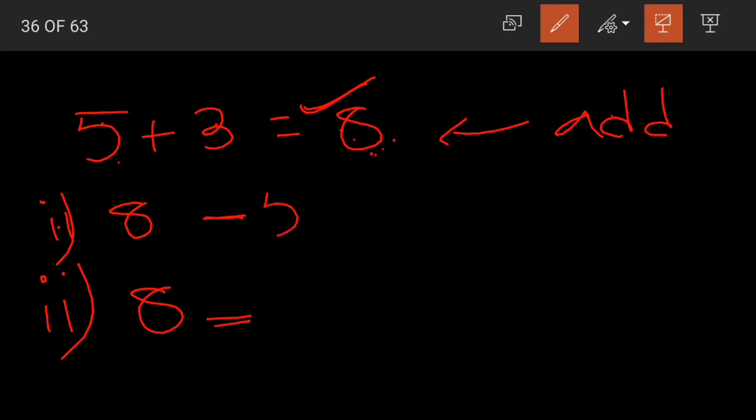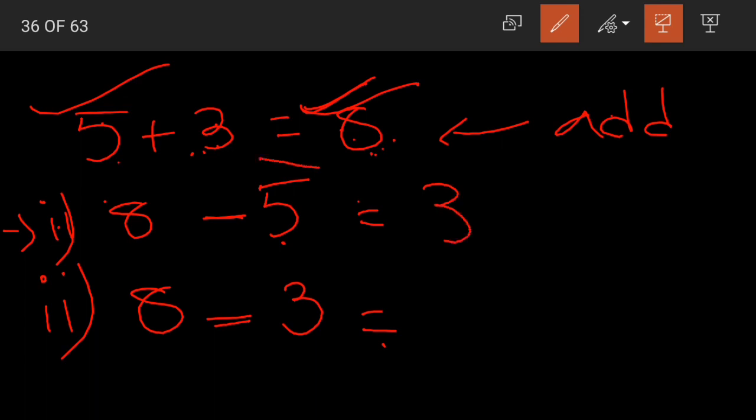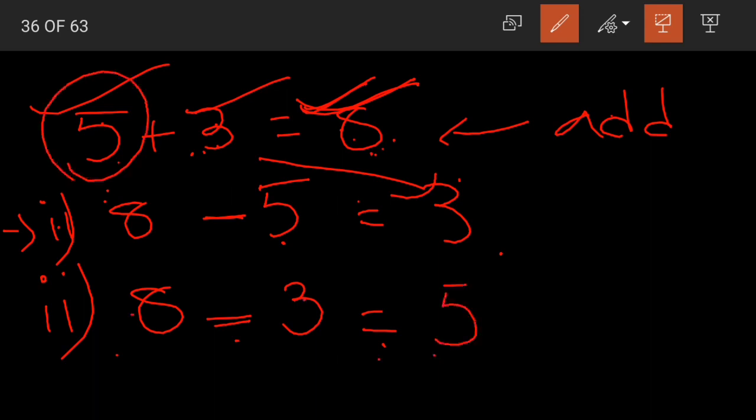Now write the first addend for the first fact and then the second addend for the second fact. Now put is equal to. If you look at the first fact, we wrote 8 and we wrote 5. What is missing? 3. So 3 will be written after the is equal to. Now coming to the second fact, 8 and 3 are written. 5 is not written. So 5 will be written after the is equal to.